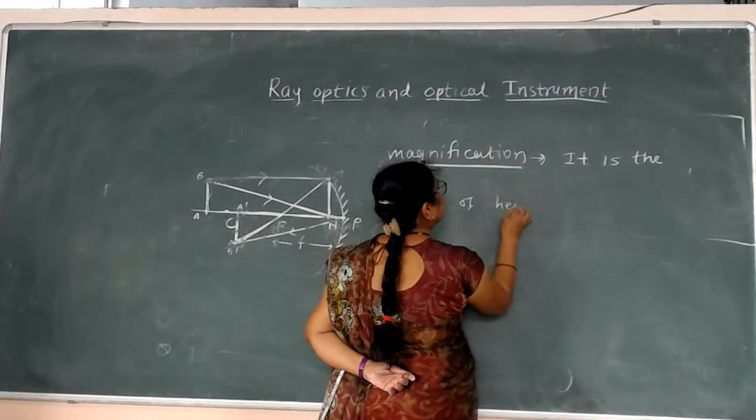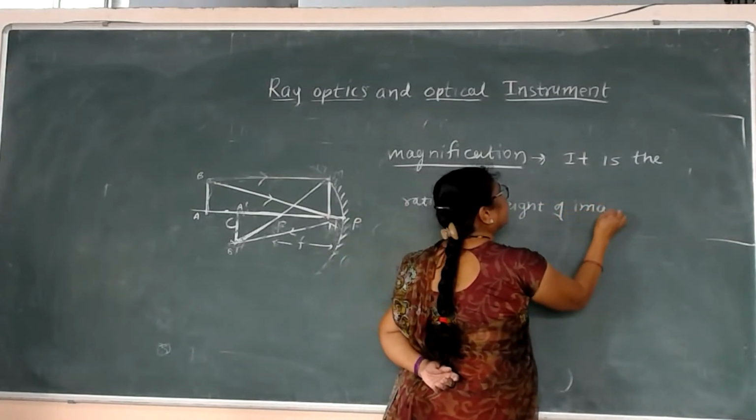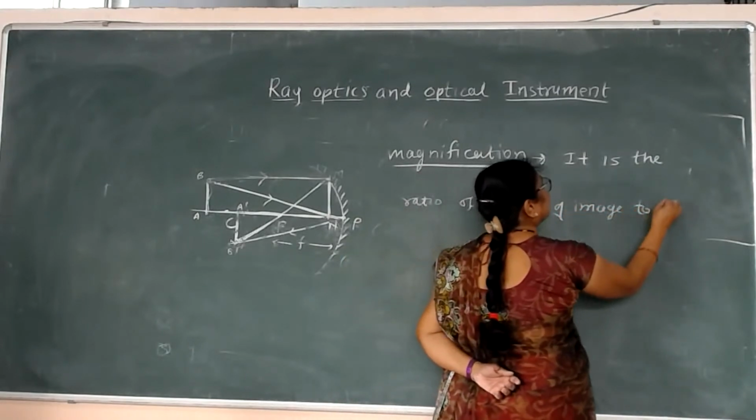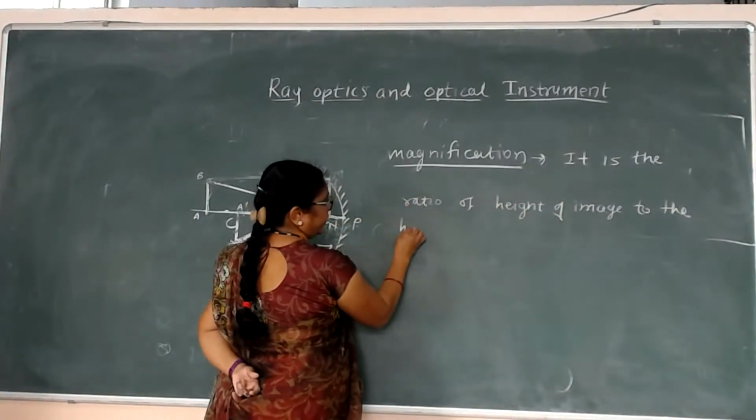Magnification is the ratio of height of image to the height of object.